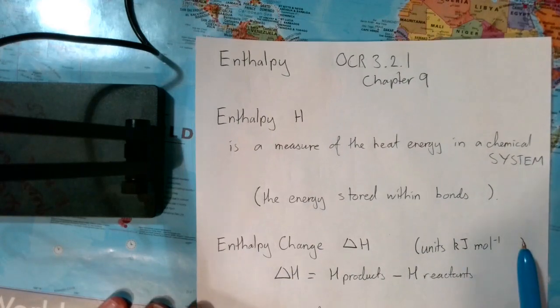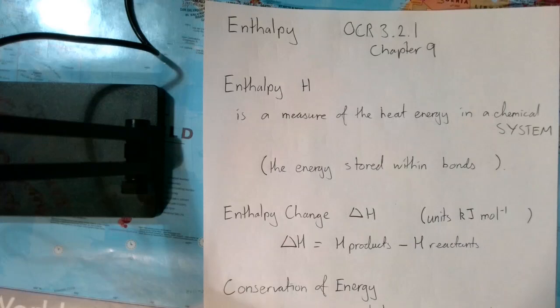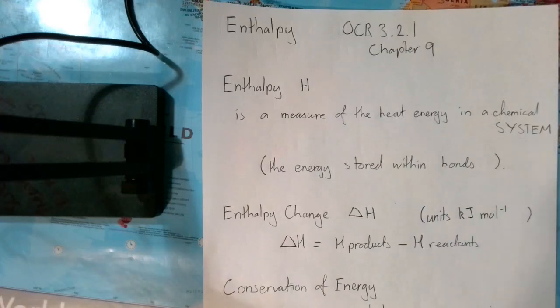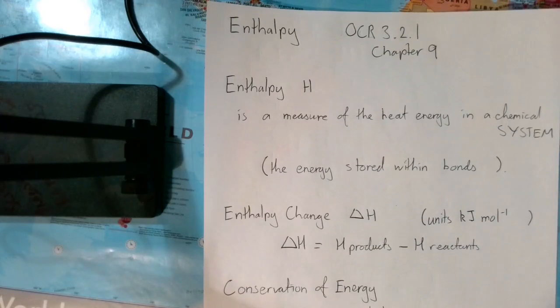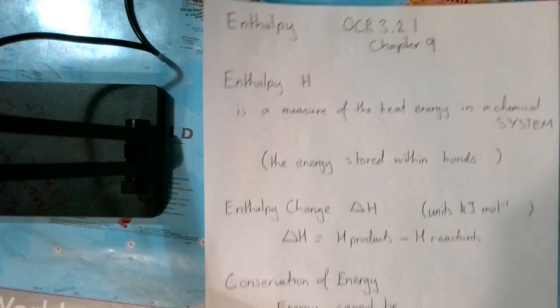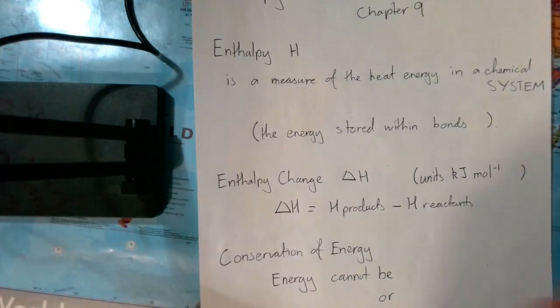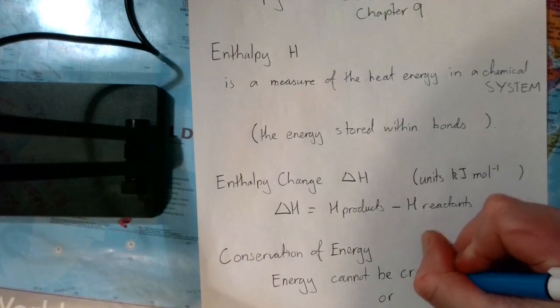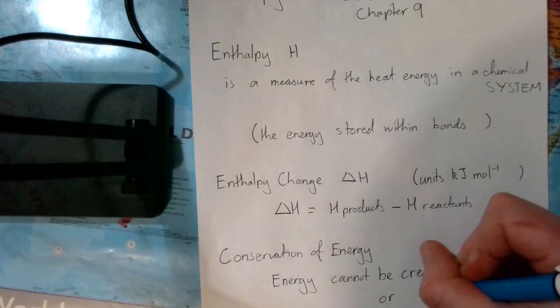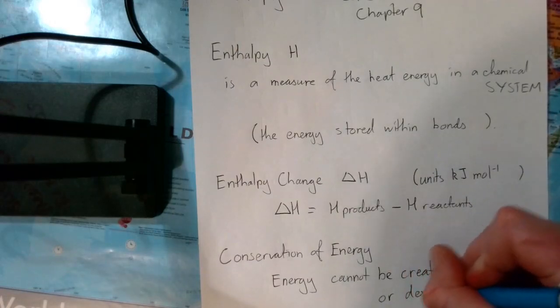We can work out enthalpy changes because of the idea of conservation of energy. If you want to pause and see if you can remember what that means, that might be a good idea. So conservation of energy is that energy cannot be created nor destroyed.